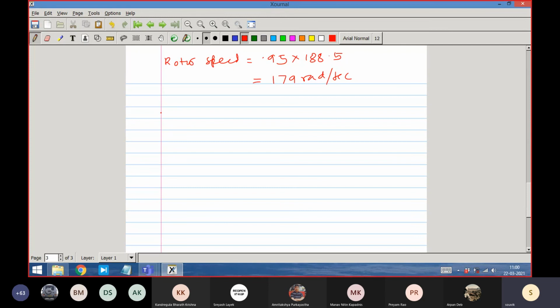So torque is equal to this power divided by speed, 147 by 179, which is equal to 0.821 Newton meter.